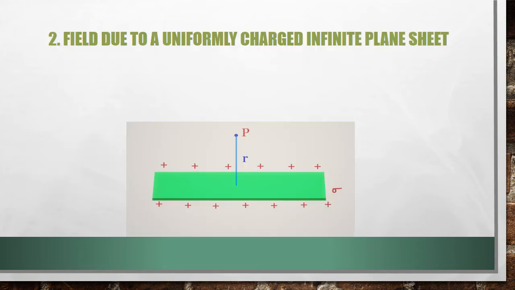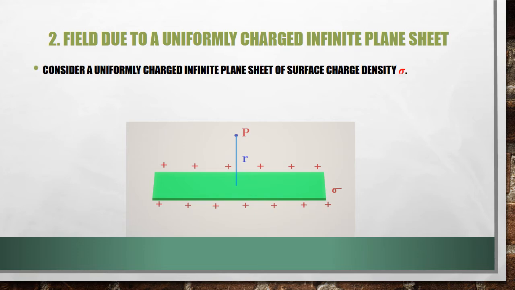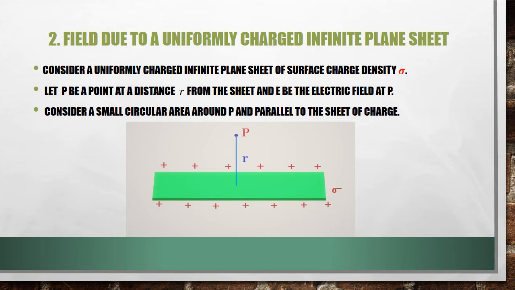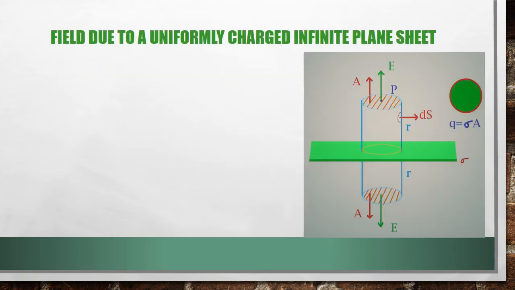Now we are coming to the second application of Gauss's theorem, the field due to a uniformly charged infinite plane sheet. Please refer to the diagram. Consider a uniformly charged infinite plane sheet of surface charge density sigma. Let P be a point at a distance r from the sheet and E be the electric field at P. Consider a small circular area around P and parallel to the sheet of charge.